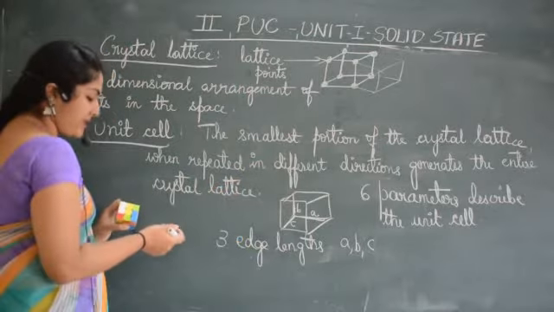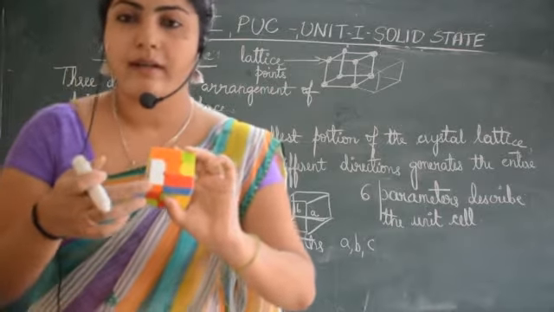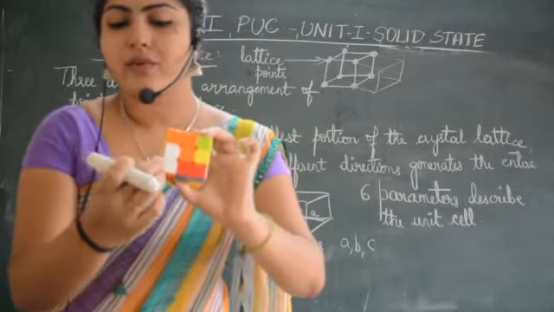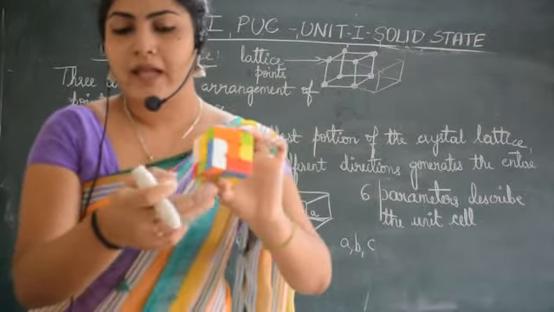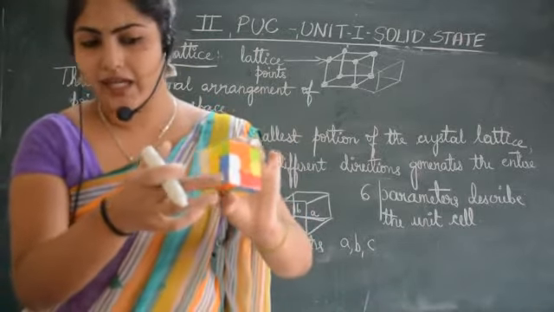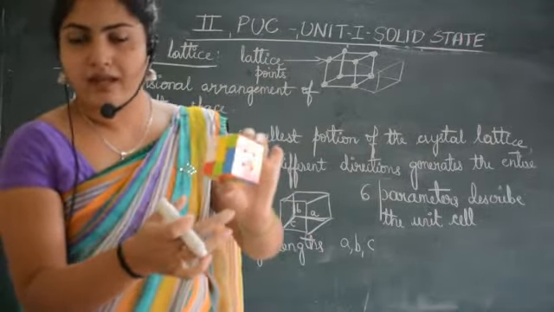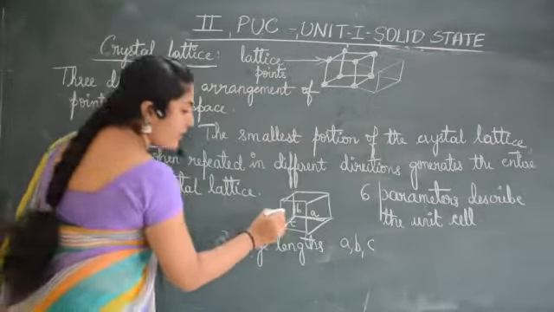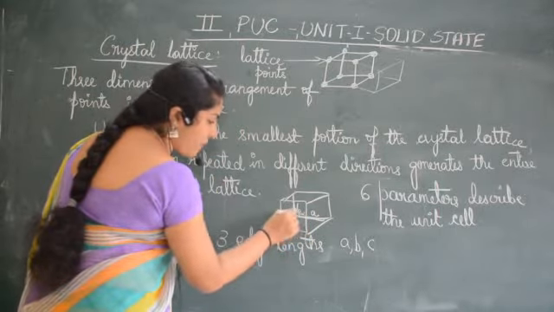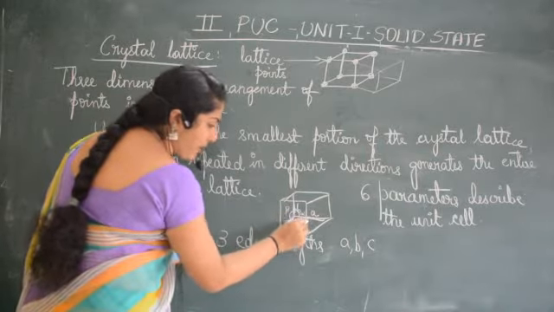And the other parameters are the angles between the edge lengths. See here, between this edge and this edge there will be an angle. Again, between this edge, along Y, which you have considered as c, and along b, there is one more angle. Likewise, between a and b one angle, say alpha. Between b and c one more angle, beta. And between c and a one more angle, gamma.